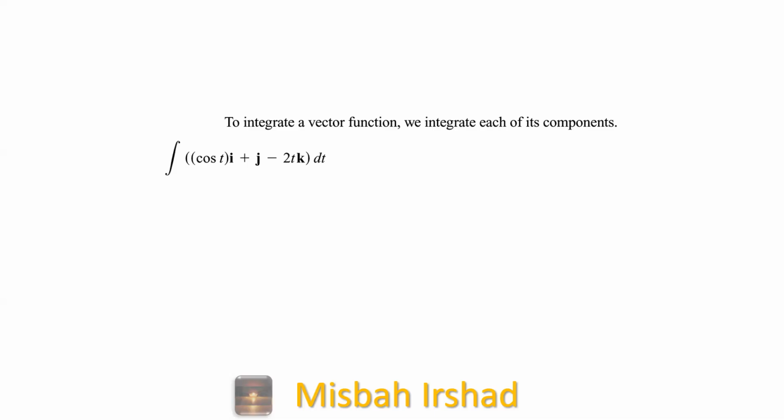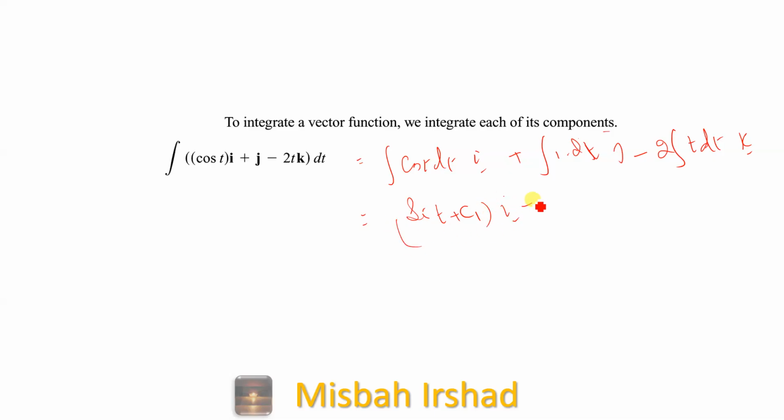Let's have this function, and if we are required to integrate this, then we'll integrate this component wise, that is, the integral of cos t dt i plus the integral of 1 dt j minus 2 times the integral of t dt k, and this is equal to sin t plus c1, you can write here i.